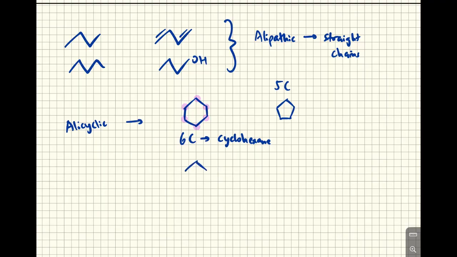So for example, you have cyclohexene, or maybe cyclohexadiene. So the double bond can be like right here or right here. You also have the smaller ones, and the smallest alicyclic hydrocarbon that you generally see is cyclopropane.